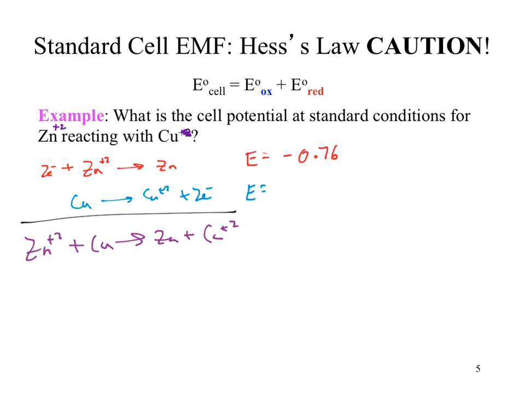We flipped that one, so it's negative 0.34, right? What's the cell potential for the reaction? Negative 1.1 volts. Is this reaction spontaneous? No. How can we make that reaction spontaneous?